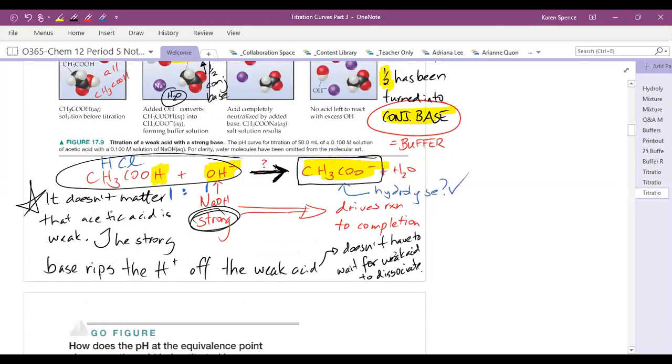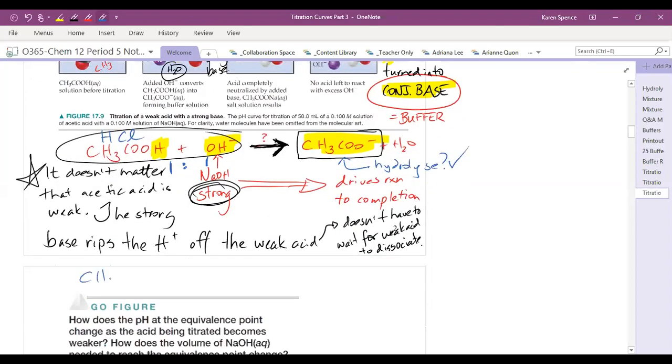You would end up with CH3COO- plus water forms CH3COOH plus OH-. And therefore, we have made hydroxide, therefore the pH is greater than 7 at the equivalence point for that weak-strong titration.